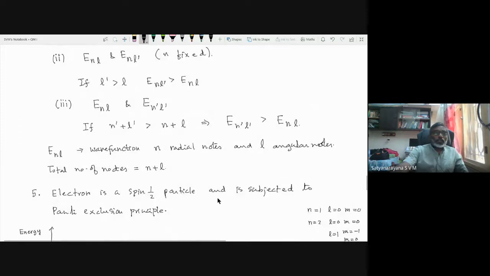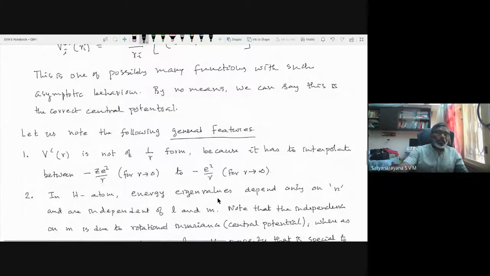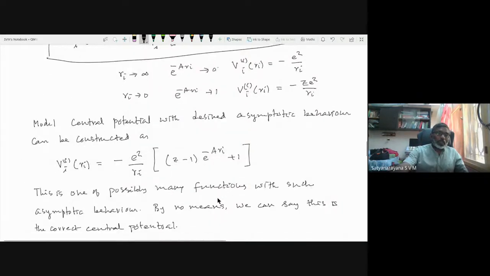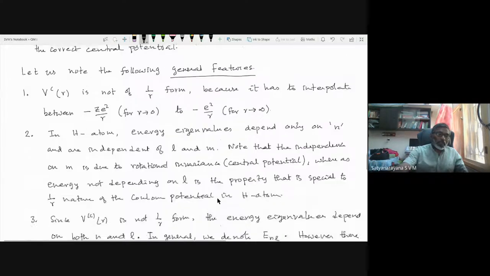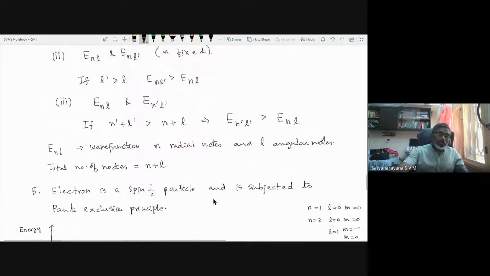In some sense this is some discussion on the construction of the periodic table, given the generic nature of the form of the central potential, and what conclusions we can draw.